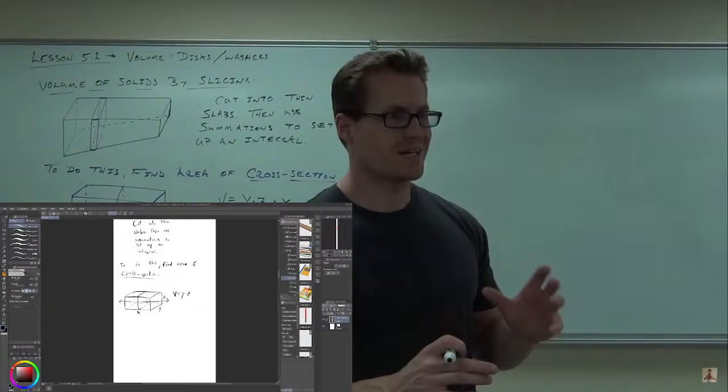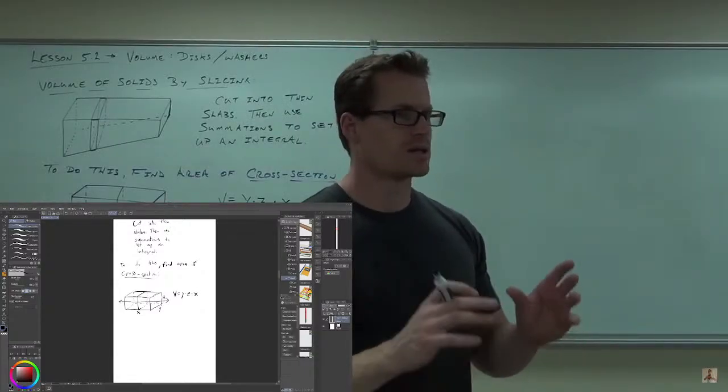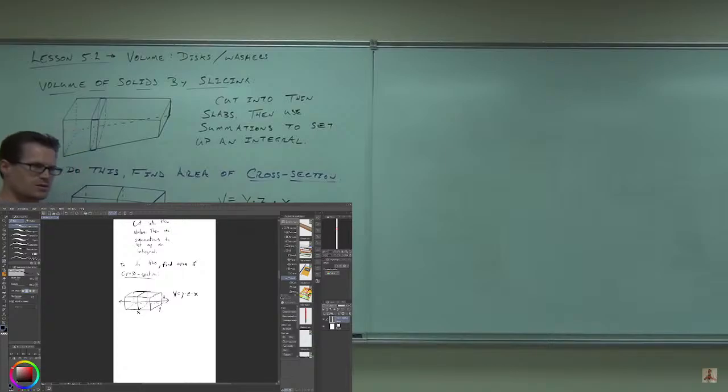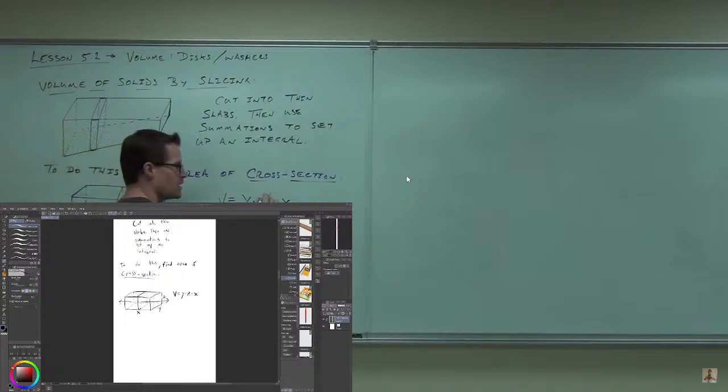Now I'm going to kind of prove to you that this is the cross-sectional area times the length. Do you agree that this is the volume of this figure, no matter what? What's y times z? Y times z is the surface area of the cross-section. So basically this says, oh, that's the surface area of the cross-section times x, the length.